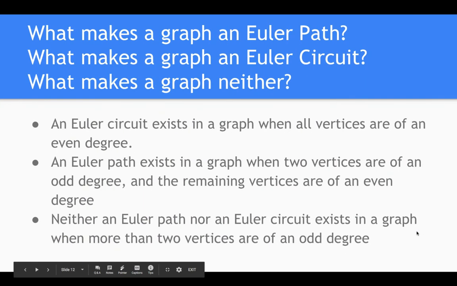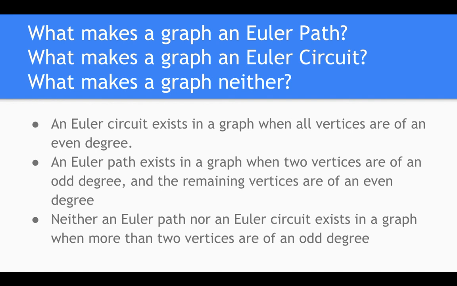Now, what makes a graph an Euler path? And then what makes a graph an Euler circuit? And how do you determine that neither an Euler path nor an Euler circuit actually exists? So let's start at the top. An Euler circuit exists in a graph when all the vertices are of an even degree.